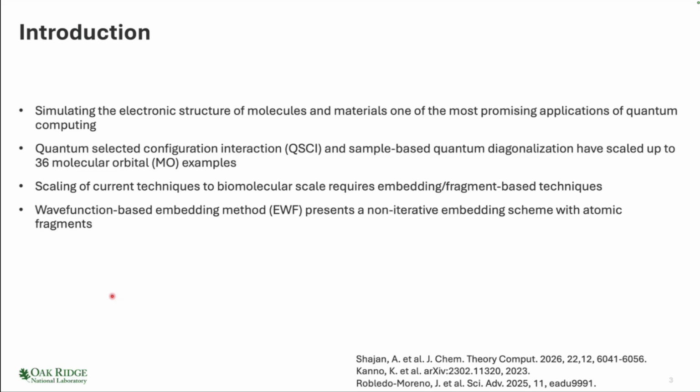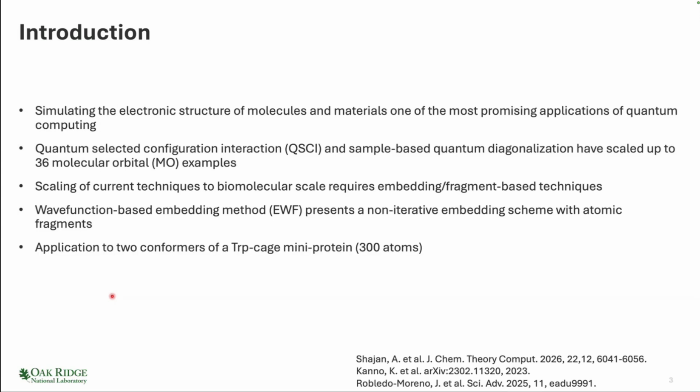Each of the atoms in those molecules will be treated as an individual fragment under their embedding scheme, and then it'll be processed with this quantum selected CI, which will go through a sample-based diagonalization routine to get properties, and then be stitched back together to get full system properties.